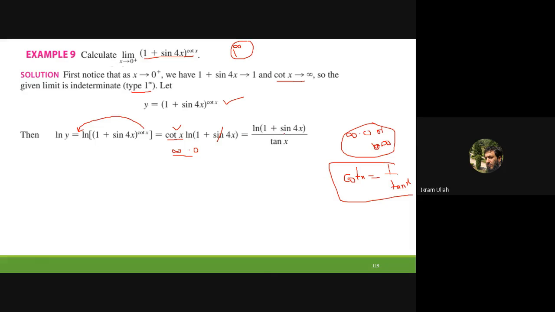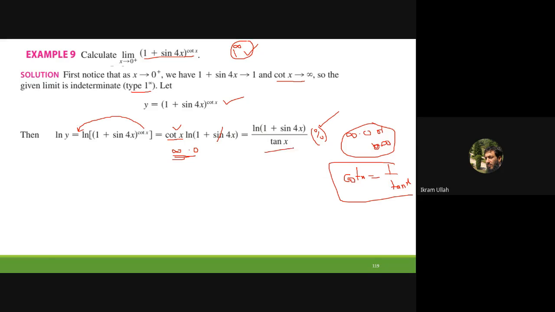Now by applying the limit you get the 0 by 0 form, because tangent of 0 is 0 and ln of 1 is 0. So we converted the form 1 raised to the power infinity to the form infinity times 0, and then to the 0 by 0 form.